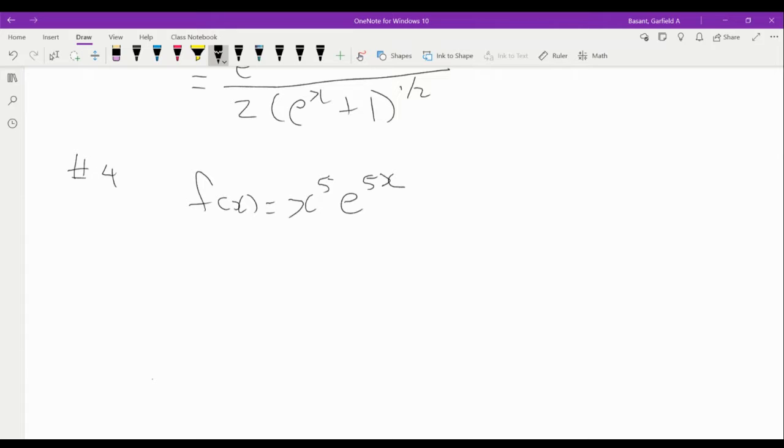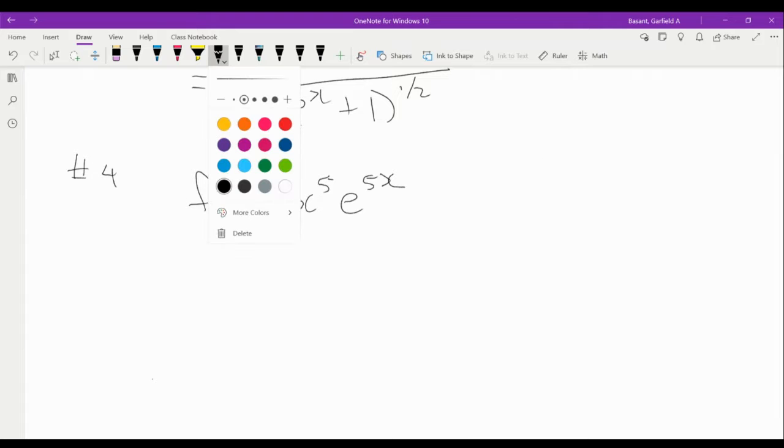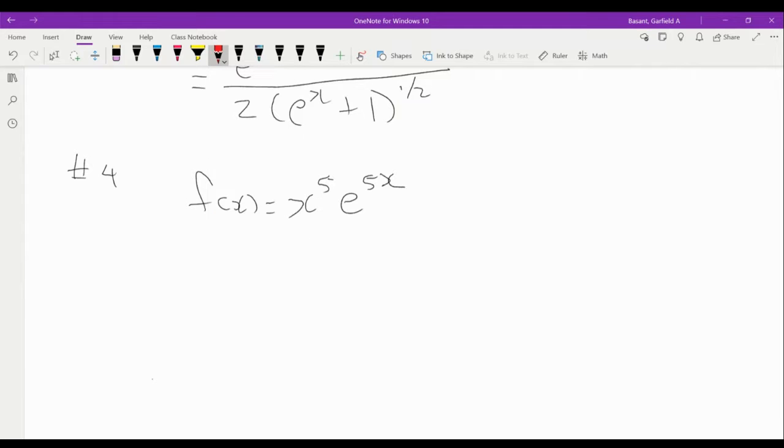Product rule, that's right, Don. This is a multiplication problem, so you have to apply the product rule to this. All those rules that we covered before still apply. This is our first, this is our second, right?